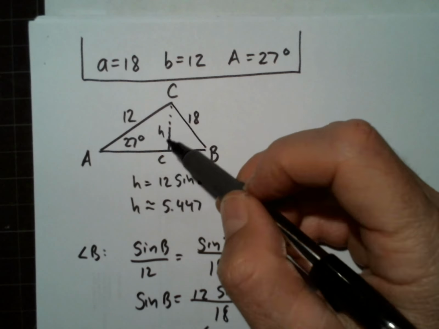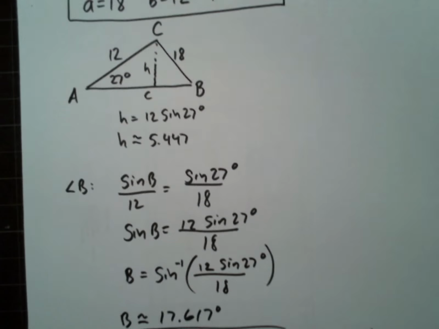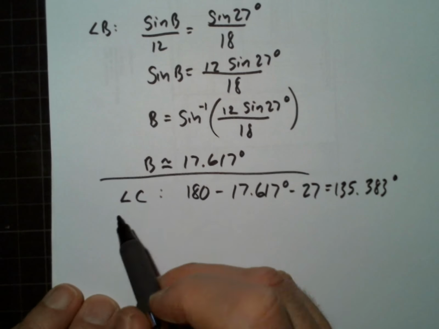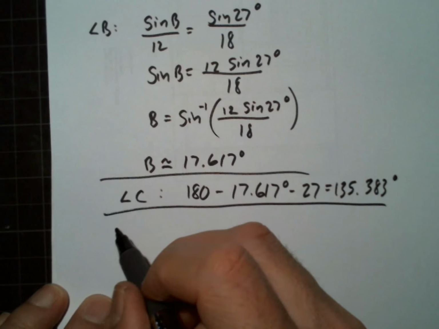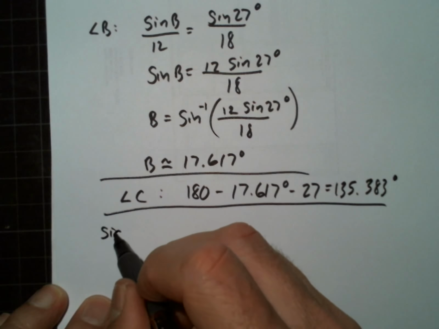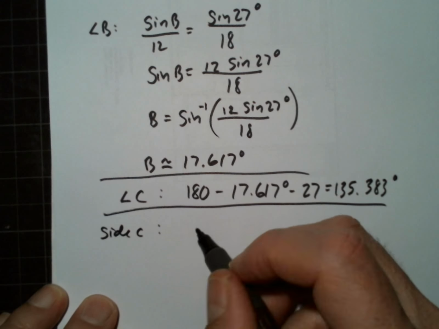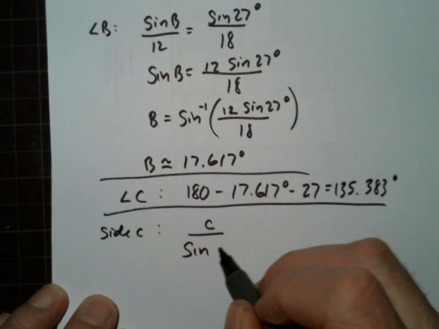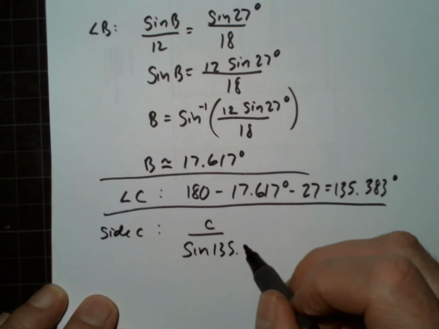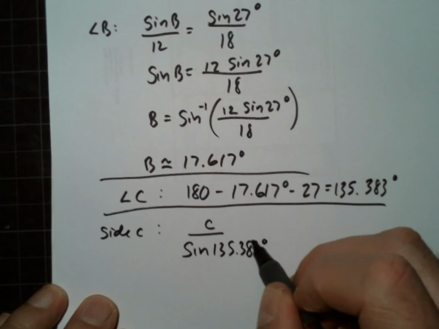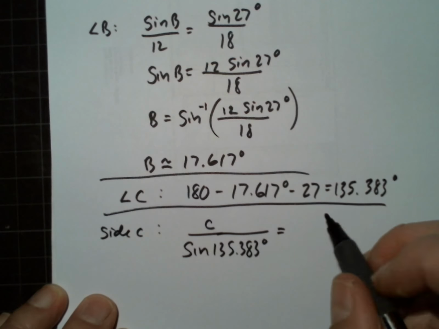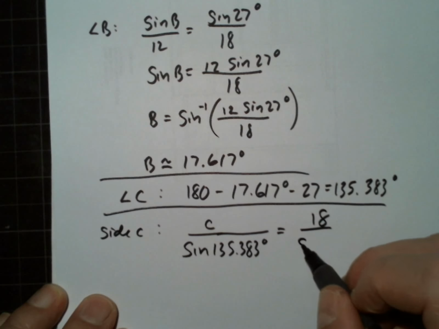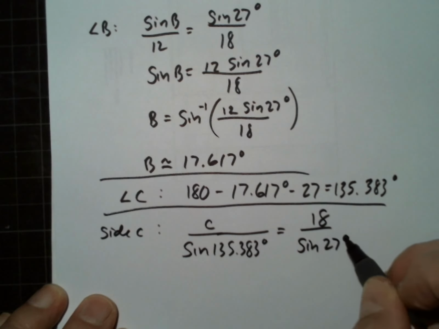It'll be c over sine of 135 equals 18 over sine 27.